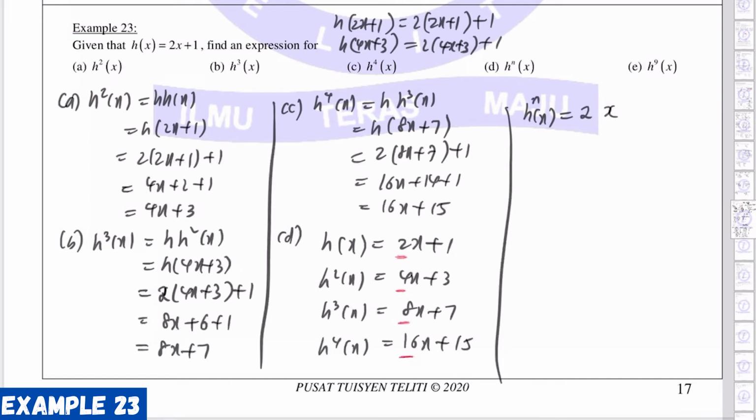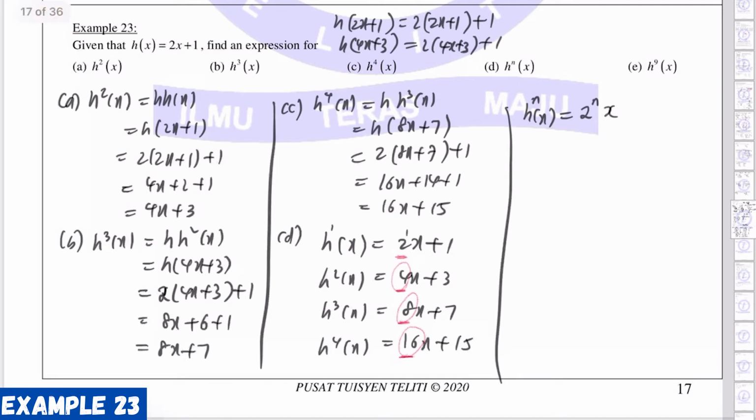For example, if this is h1, this is 2 power 1, right? And the second one, 4 here is 2 power 2. 8 here is 2 power 3. 16 here is 2 power 4. So this will be 2 power n, right?